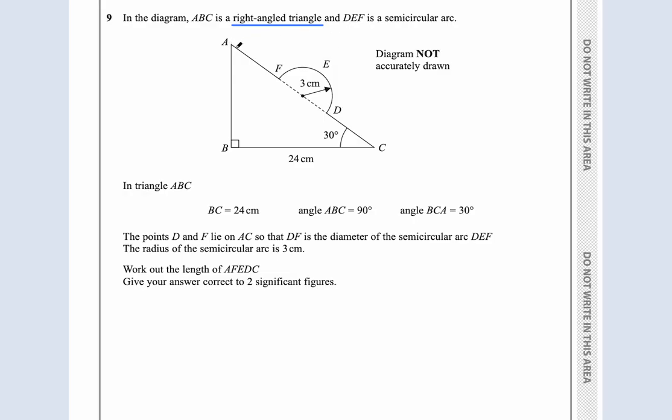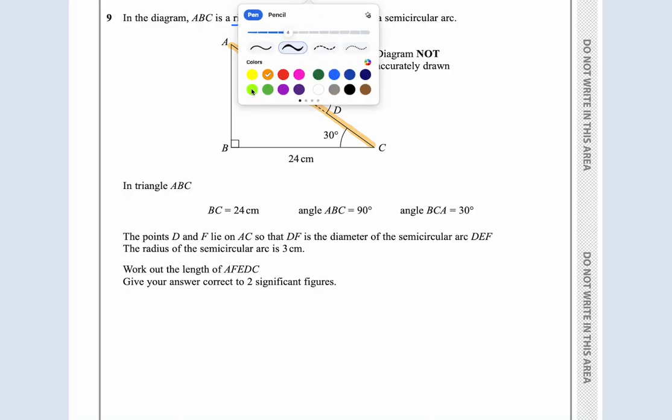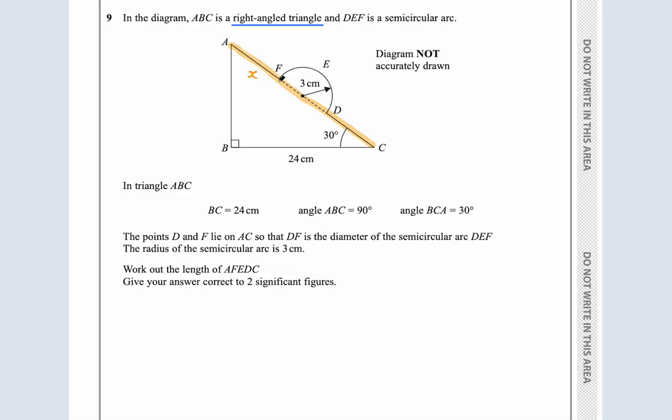What I'm thinking is I'll get this length here. Let's call that length X. Then I'm going to take away this length here.